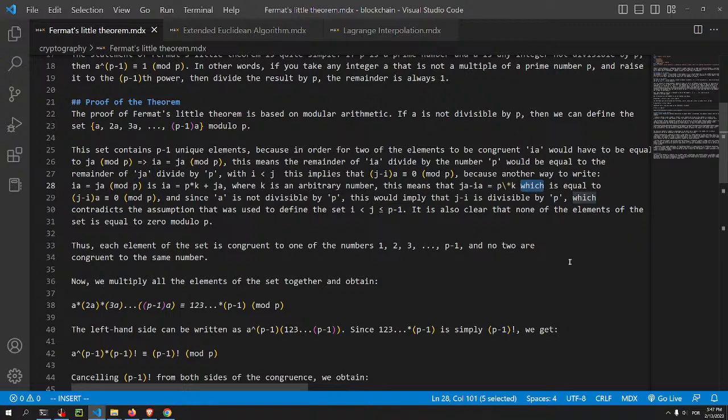I think here the problem is that I have to say that it would have to be equal to this, but it's not. Equal to the remainder of J divided by P.